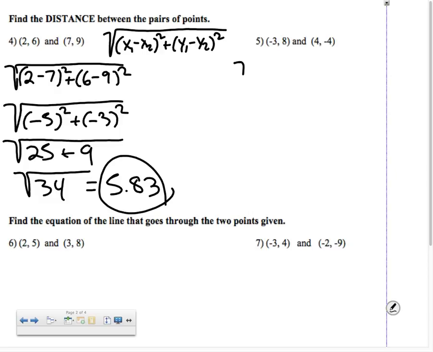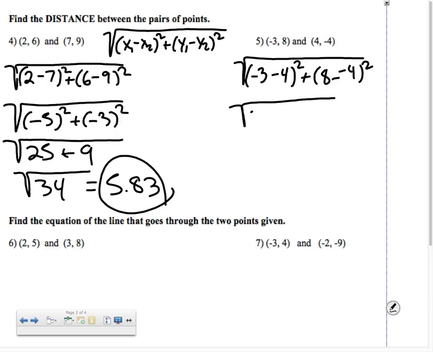In this case, my x's would be negative 3 minus 4 squared plus 8 minus negative 4 squared. Now again, in truth, it really doesn't matter whether you put your x's first or your y's first. As long as you put your x's together and your y's together, you should be okay. So let's say here, this is negative 7 squared plus 12 squared.